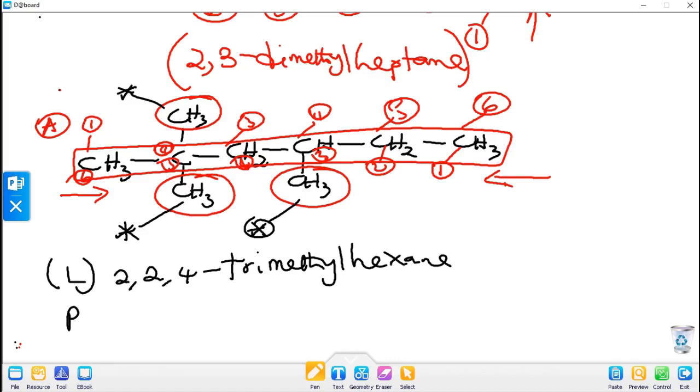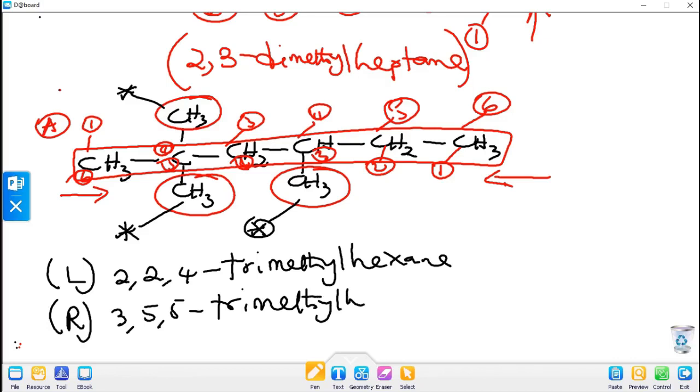But let's now see what it will be if we come from the right-hand side. Coming from the right-hand side, the first side chain there, methyl, will be attached to carbon 3. The 2 methyls that are attached to the same carbon atom will be attached to carbon 5. So automatically this will become 3,5,5 trimethyl hexane.